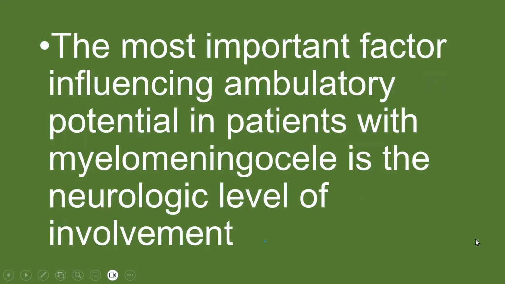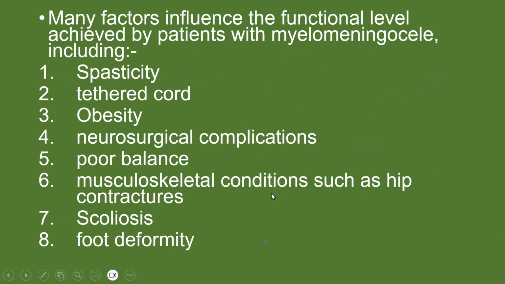The most important factor influencing ambulatory potential in patients with myelomeningocele is the neurologic level of involvement. Many factors influence the functional level achieved by patients with myelomeningocele: spasticity, tethered cord, obesity, neurosurgical complications, poor balance, musculoskeletal conditions such as hip contractures, and scoliosis.